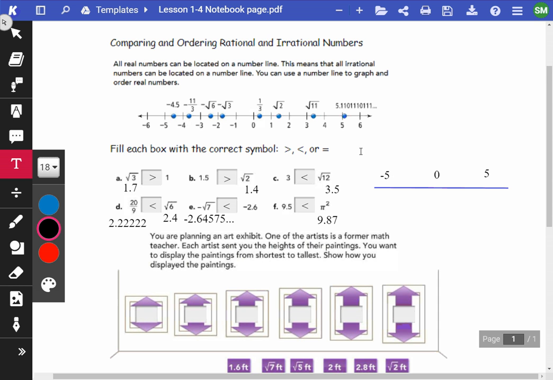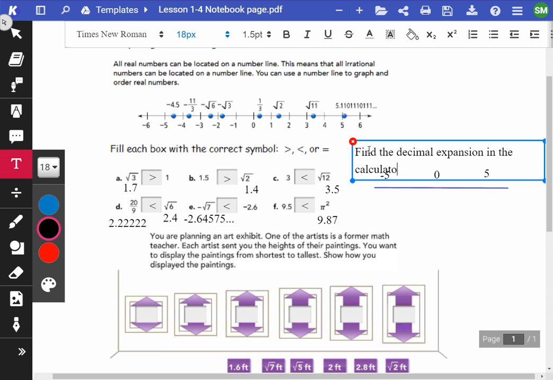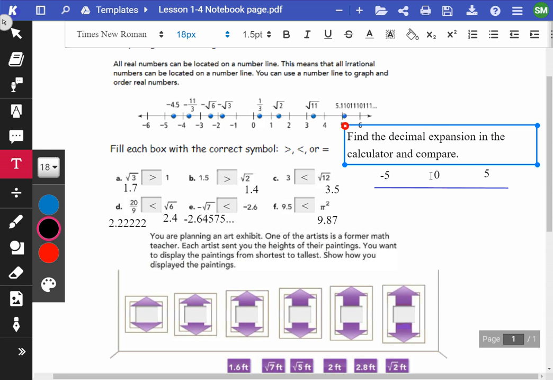Hopefully you understood that all I need to do, and I'm going to write some notes, is find the decimal expansion in the calculator and compare. That's how you do this. Find the decimal expansion in the calculator and compare. I'm also going to type, be careful.